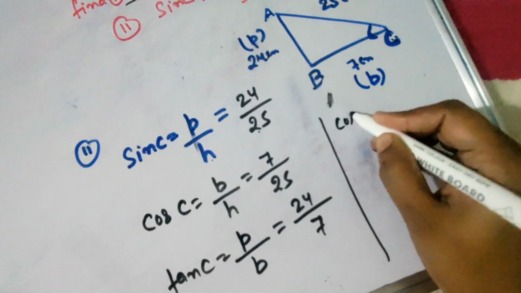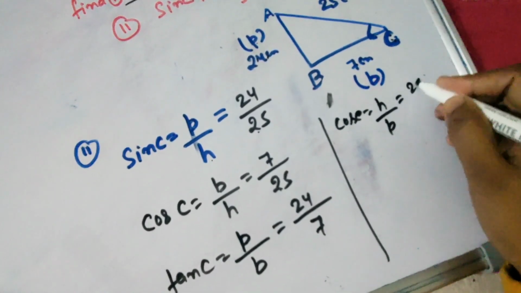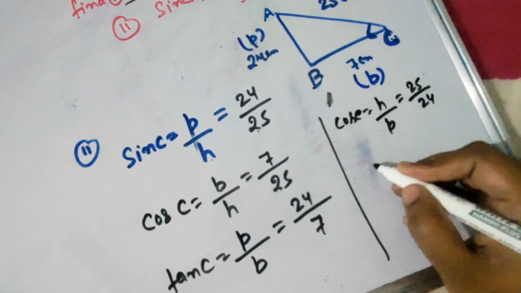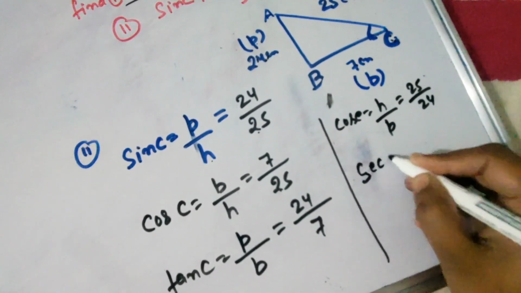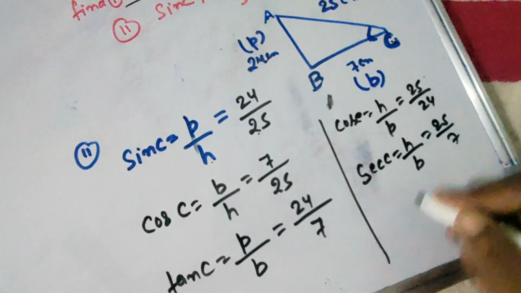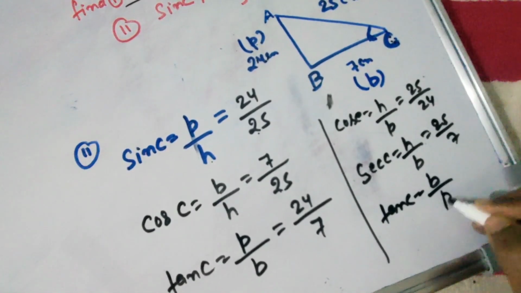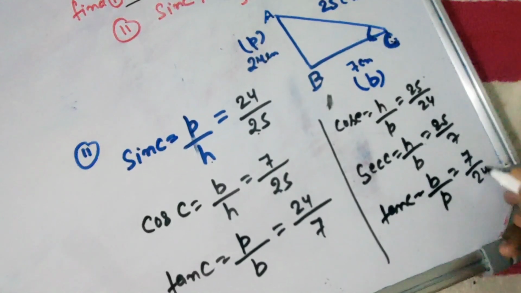The reciprocals are just reverse: cosec C equals hypotenuse by perpendicular, 25/24; sec C equals hypotenuse by base, 25/7; and cot C equals base by perpendicular, 7/24.